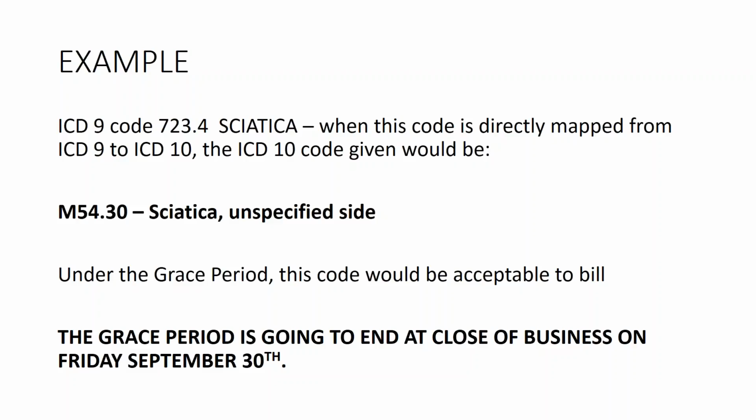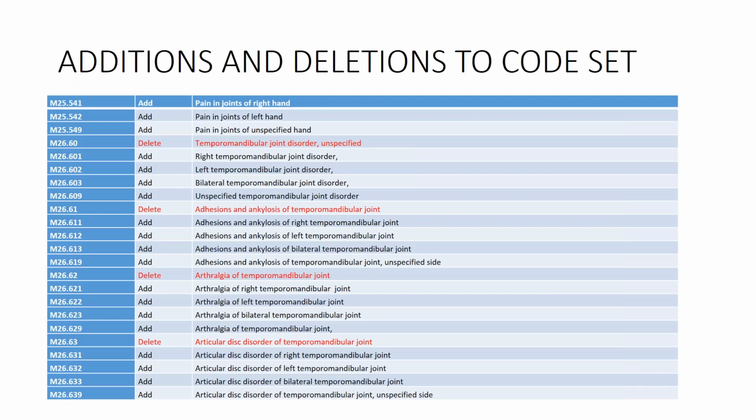So under the grace period, this code would be acceptable to bill, but after close of business on Friday, September 30th, if you work on that next Saturday, the 1st of October, or more likely Monday, October 3rd, you will need to make sure that you understand clearly the ramifications of utilizing non-specific diagnosis codes within your conditions.